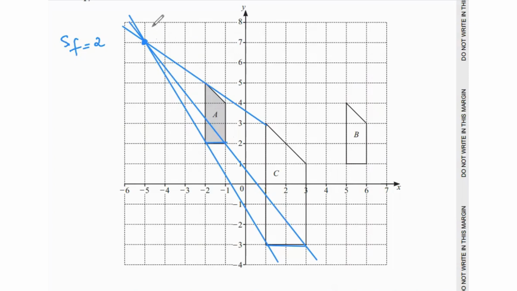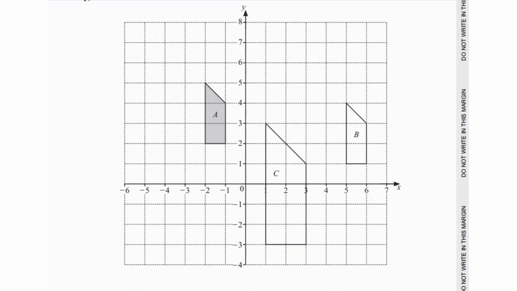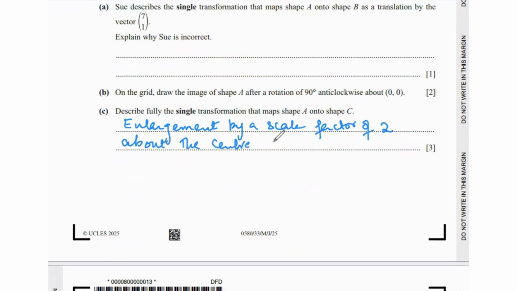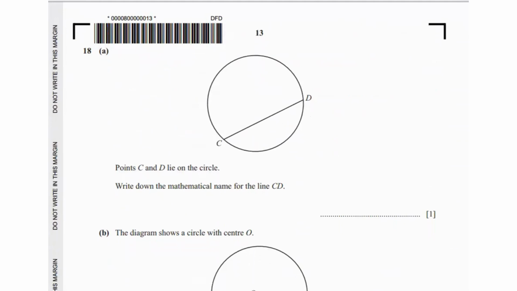So that's your center of enlargement. So enlargement by a scale factor of 2 about the center -5, 7. That's your description. Then it says points C and D lie on the circle. Write down the mathematical name for the line CD. That's called a chord.